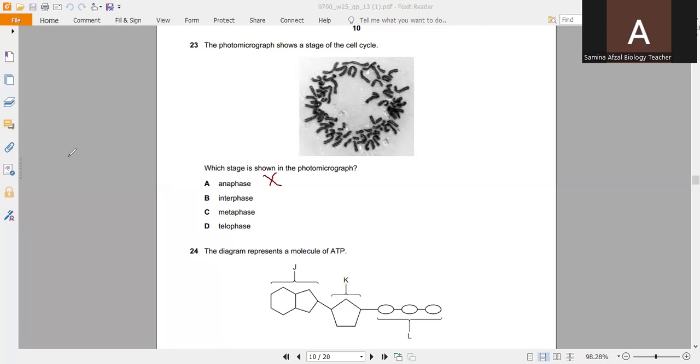B is interphase. Again, in interphase, chromosomes would not be visible. So this is not the answer. Then metaphase. In metaphase, you can see they are arranged in the center.